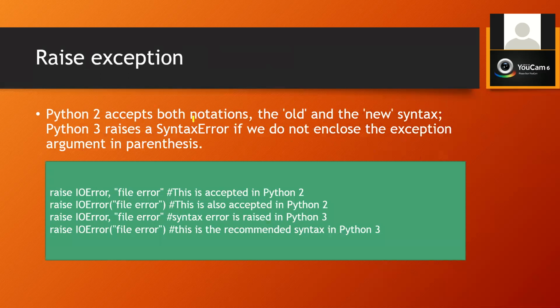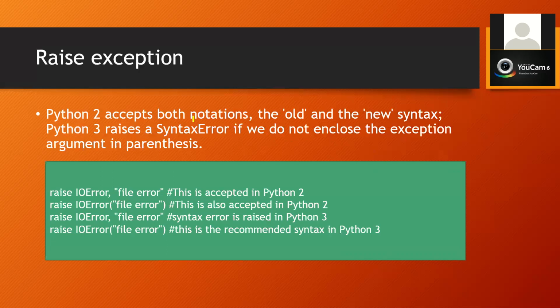Raise exception. Raise exception means when you want to explicitly raise an exception, an error, at runtime. So Python 2 accepts both the old and new syntax. Python 3 raises a syntax error if you do not enclose the exception argument.